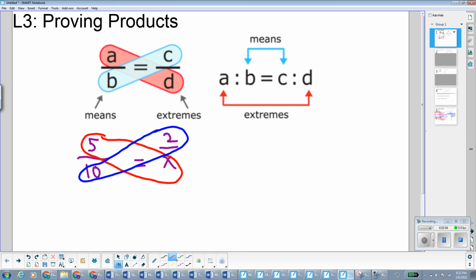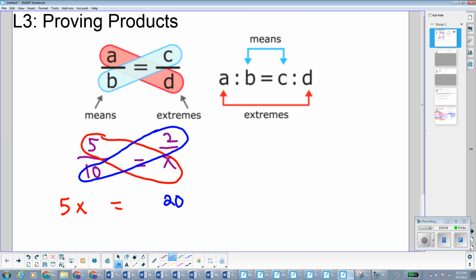So in order to solve this proportion, I would cross multiply. I would get 5 times x, multiplying the extremes together, 10 times 2, which is 20, multiplying the means together, and in between would be an equal sign because we're cross multiplying the terms in a proportion.